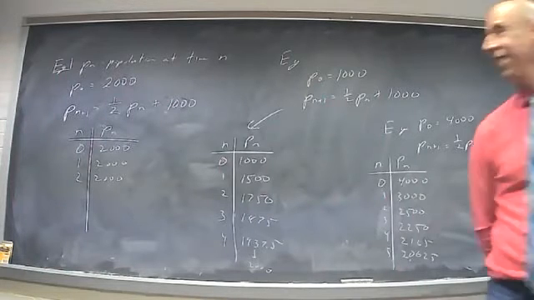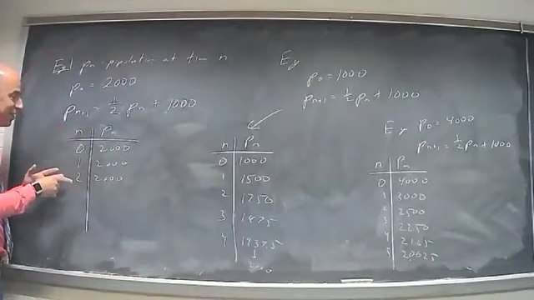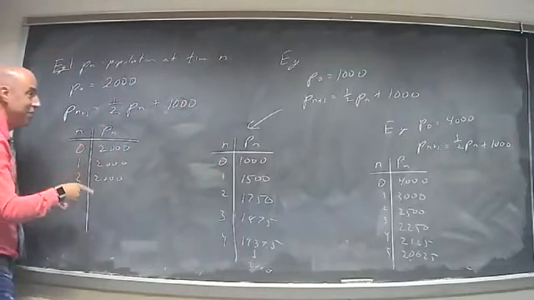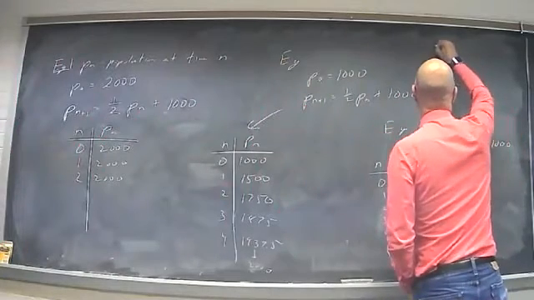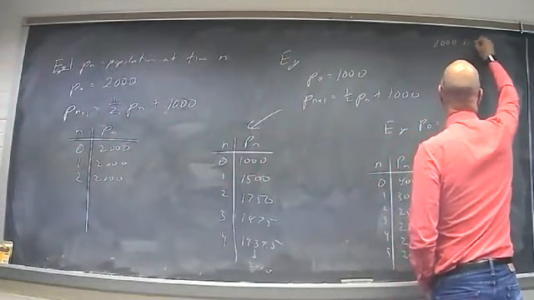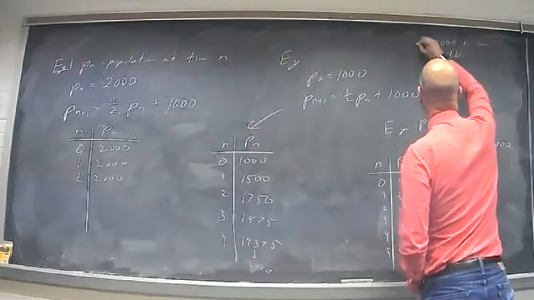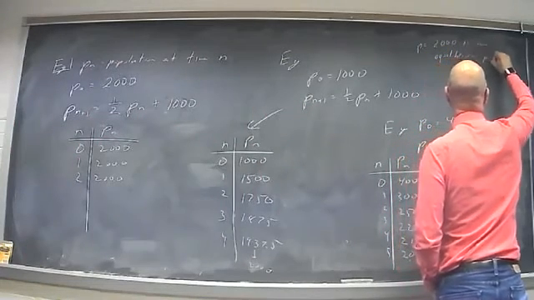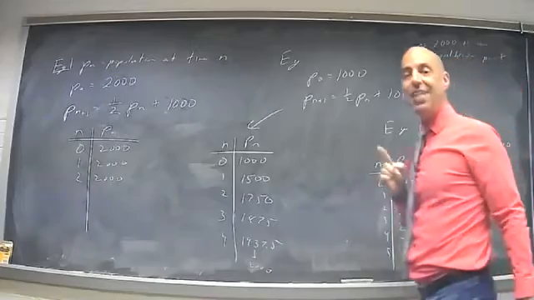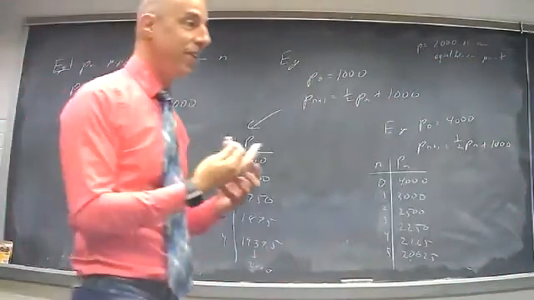That's correct. So 2,000 is an equilibrium. Say P equals 2,000 is an equilibrium point. It's a specific kind of equilibrium point where things tend to go towards it.